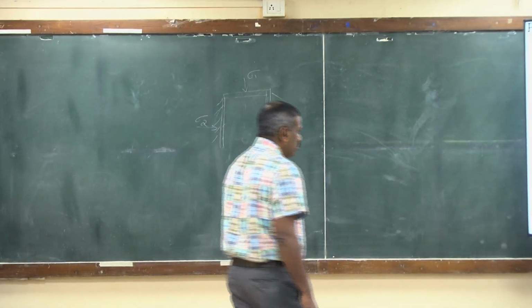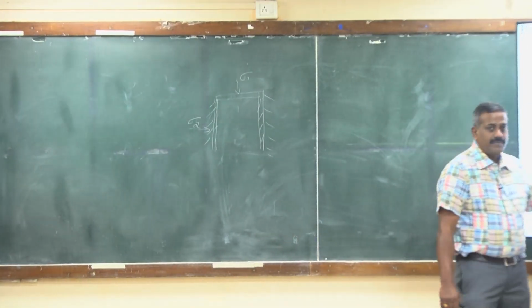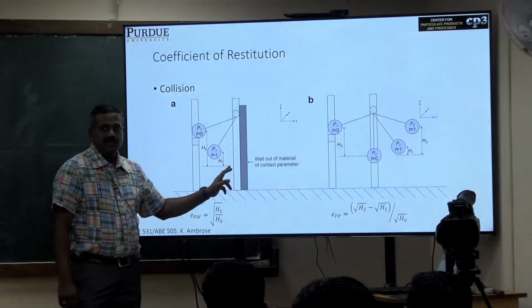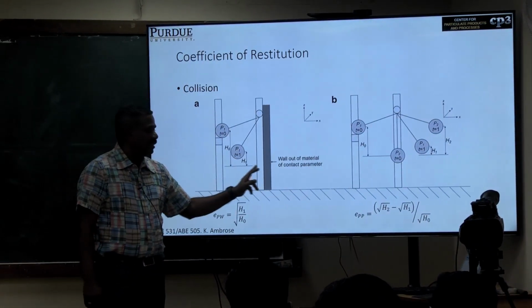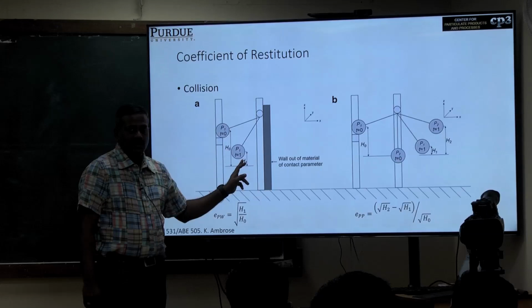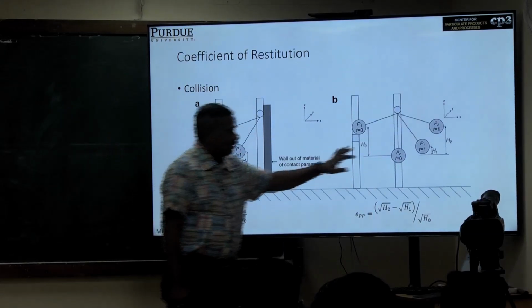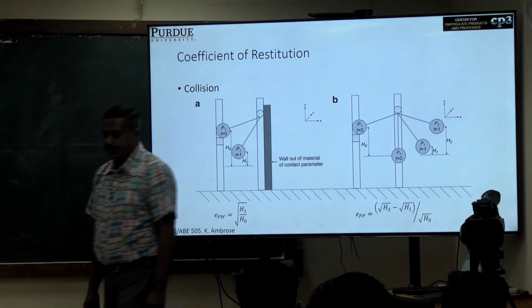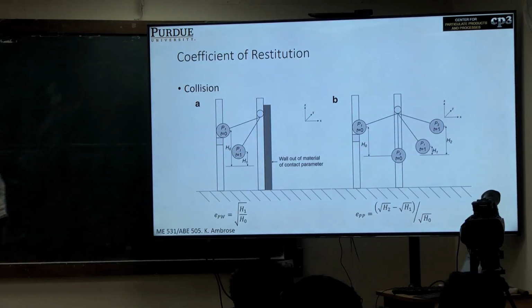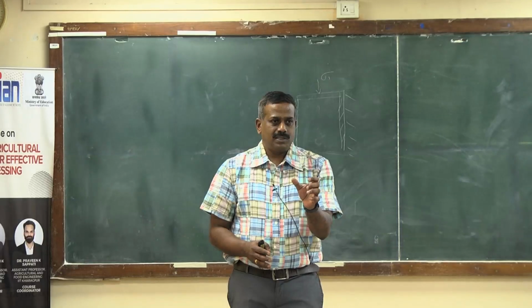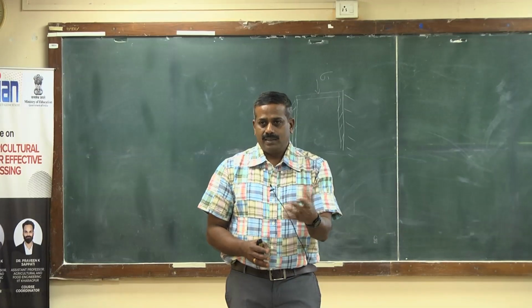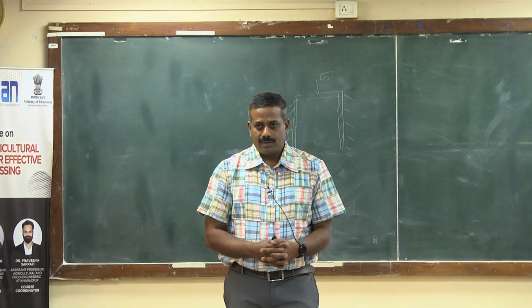If it's not losing a lot of energy, it comes back. If it's losing lots of energy, the distance it travels will be very low, right? Is that clear? There are different modified setups to get from particle to particle or particle to wall surface. The idea is the same: depending on how much distance it moves, you get the coefficient of restitution.